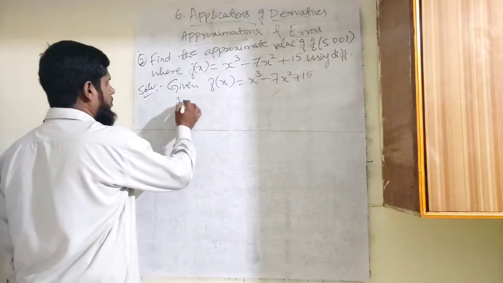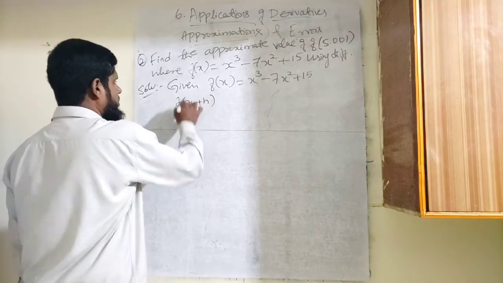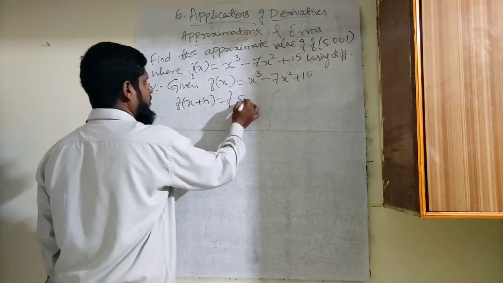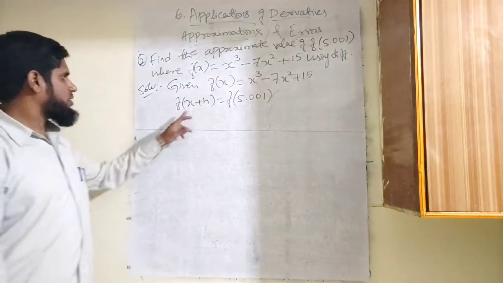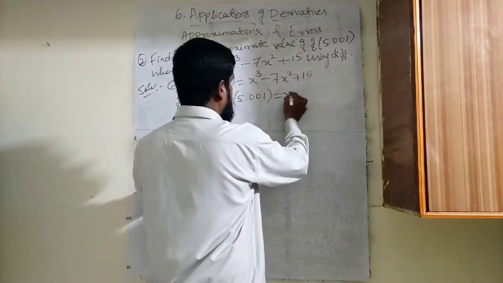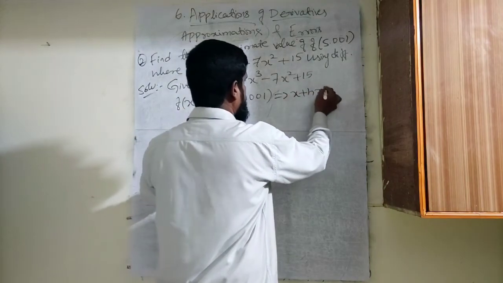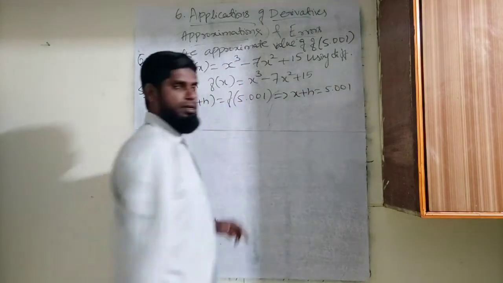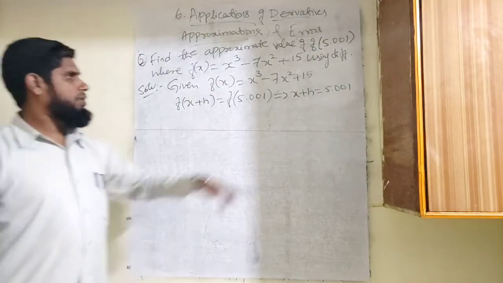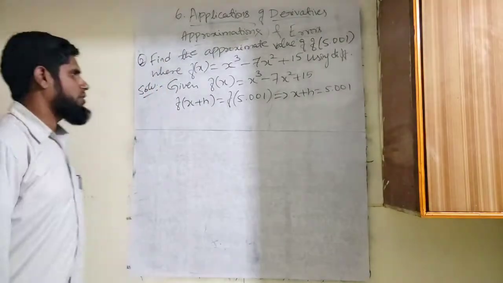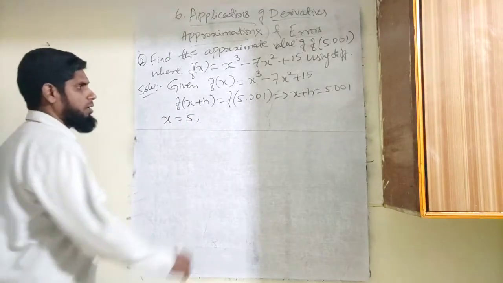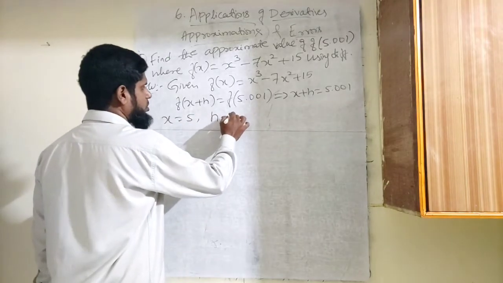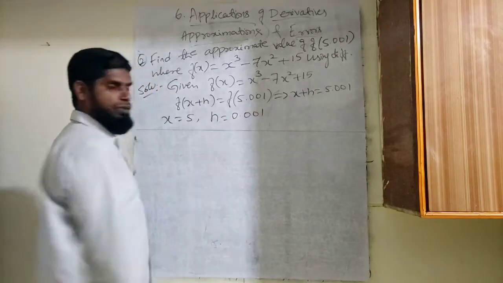So f of x plus h is f of 5.001. With reference to this, my x plus h is 5.001. The exact value nearer to this is 5. So with reference to that, my x is 5 and my h is 0.001.